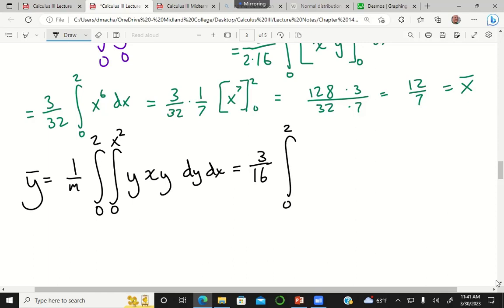And then I've got xy squared, and I'm taking the antiderivative with respect to y, so that's going to be xy cubed, and I have to divide by 3, so that's eventually going to cancel out with that 3 in the numerator. Leave it like that for right now. 0 to x squared dx.